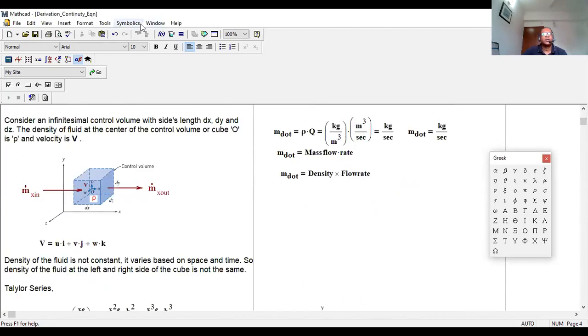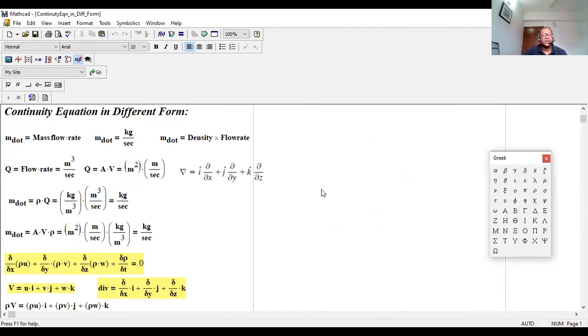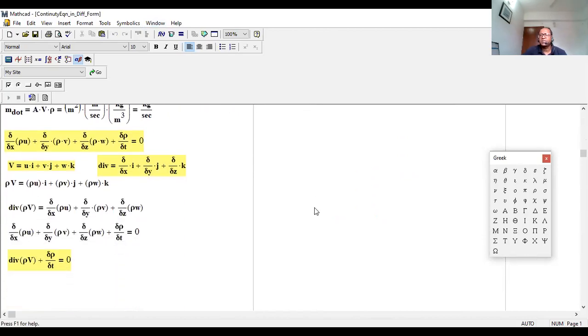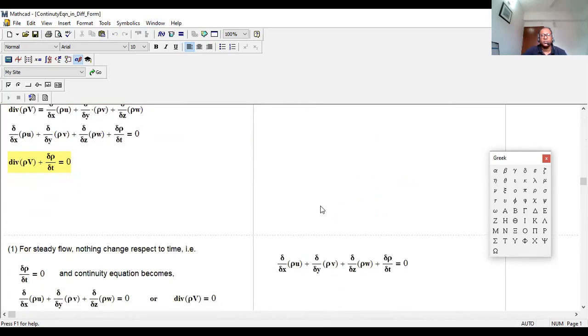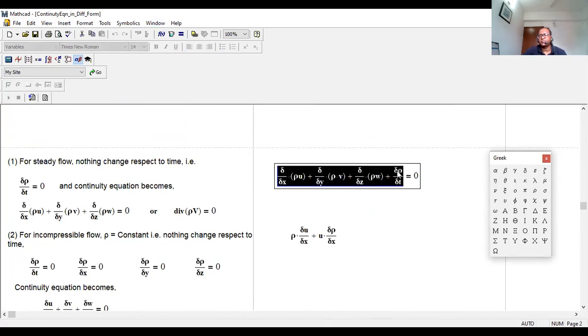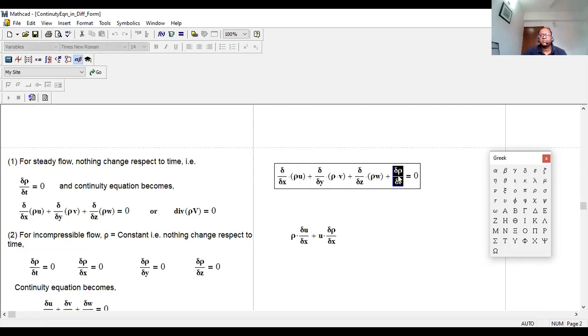Okay, now I'd like to show you something else, how we can use this continuity equation for different cases of flow. So this is my continuity equation, and this is a time derivative, changing with respect to time.